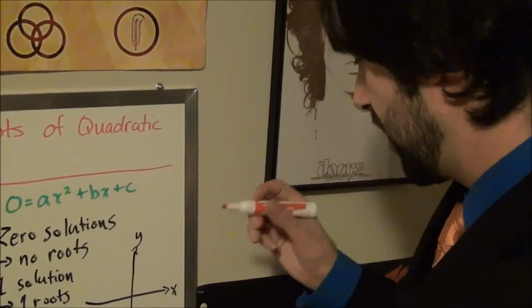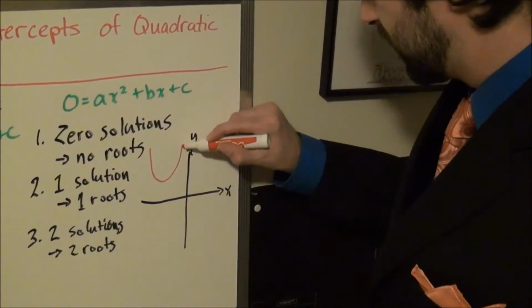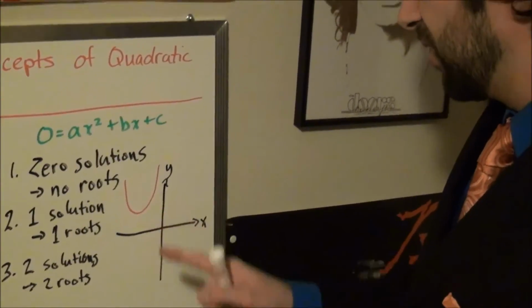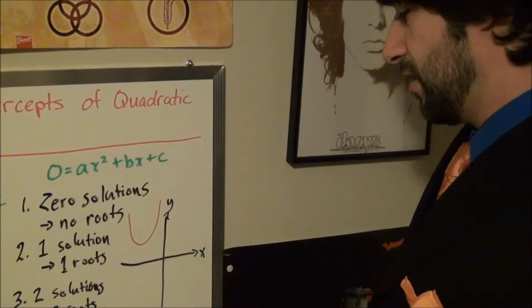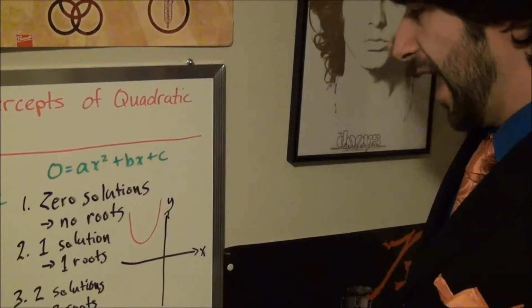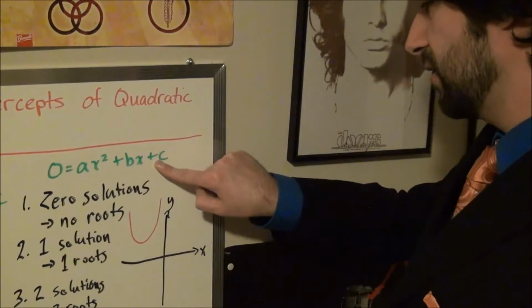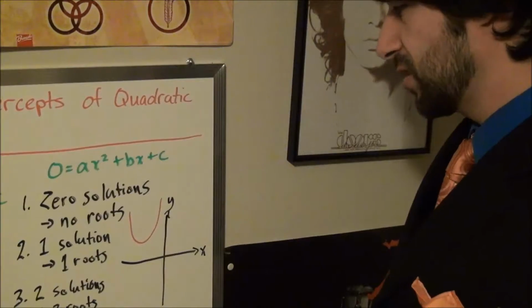I'll start by drawing a red one that looks like this. As you can see, this red parabola never even touches the x-axis and therefore never crosses it, and it has 0 roots.